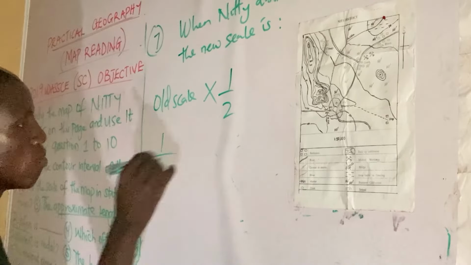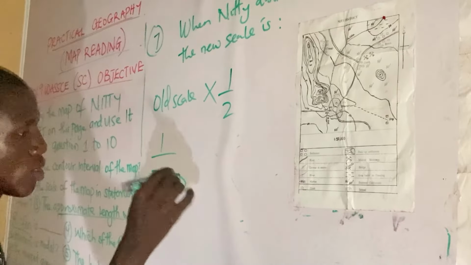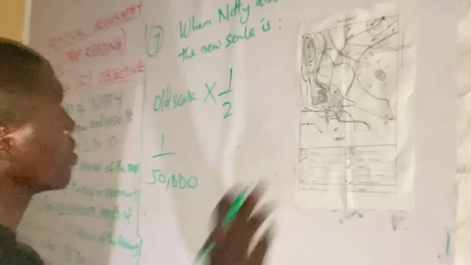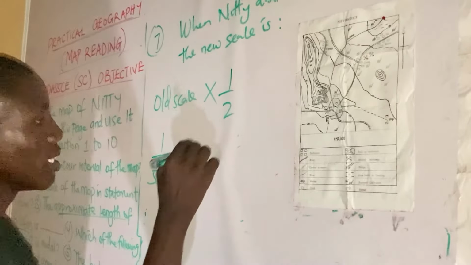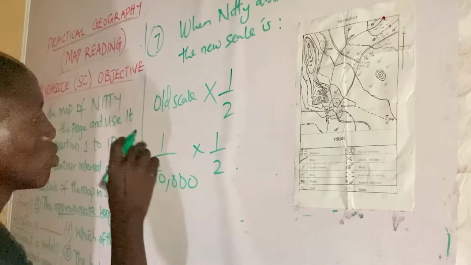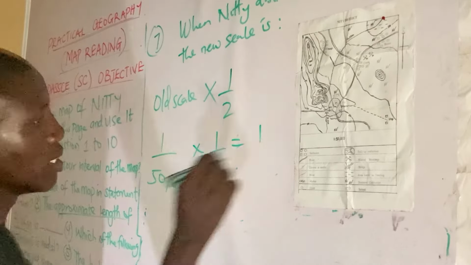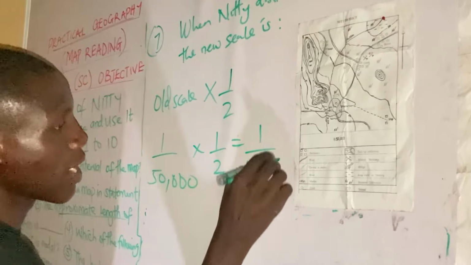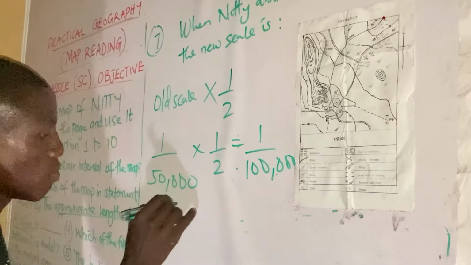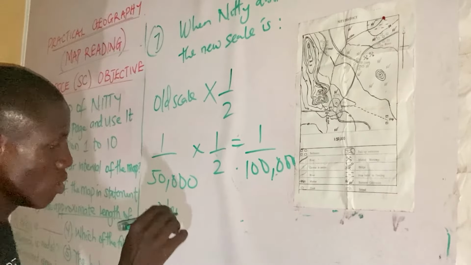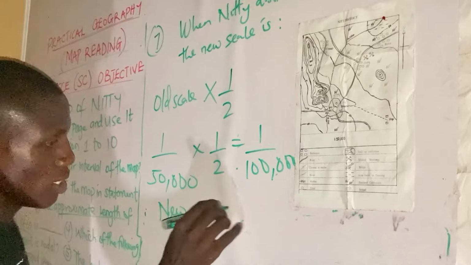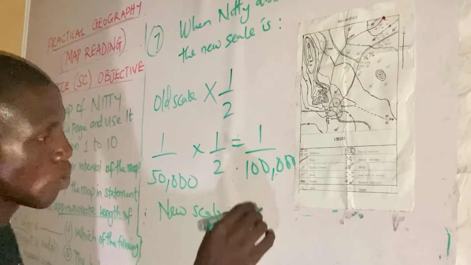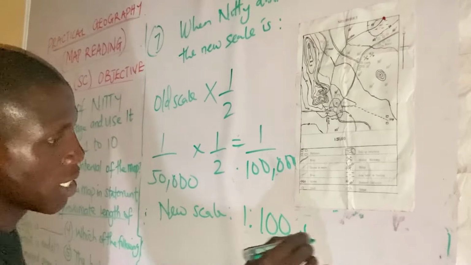So the old scale multiplied by half is 1 over 50,000, because 1 ratio 50,000 is the same as 1 over 50,000 times 1 over 2. So 1 times 1 will give you 1. 50,000 times 2 will give you 100,000. So we have the new scale now for the reduction: 1 ratio 100,000.